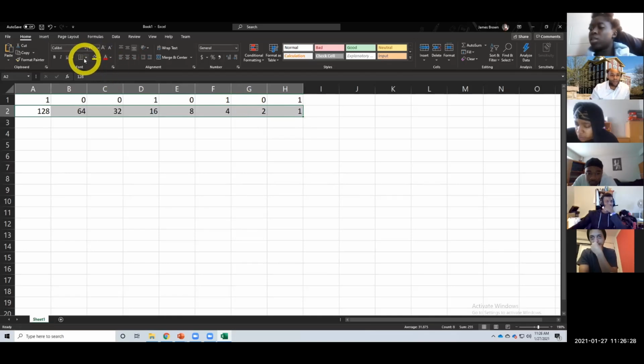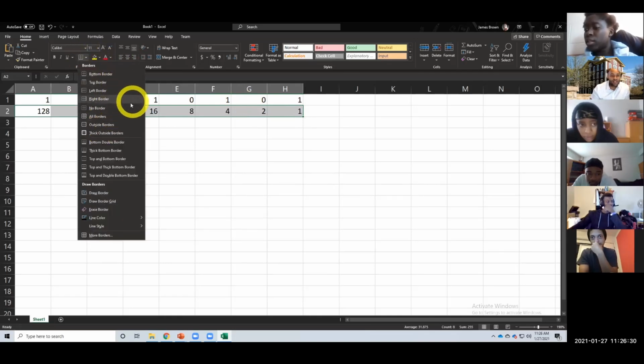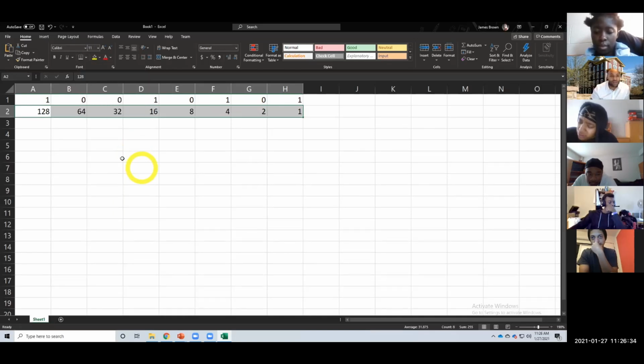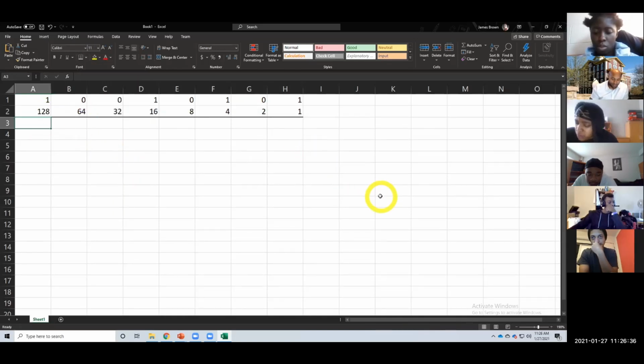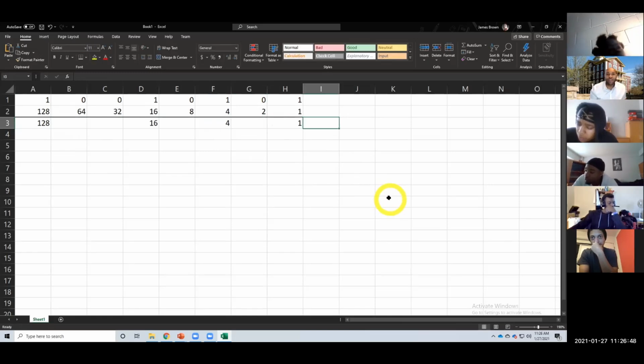Basically, you just take it and bring it down. If it has a 1, you bring it down; if it has a 0, you forget about it. So 128, you bring that one down, bring down 16, bring down 4, and bring down 1.